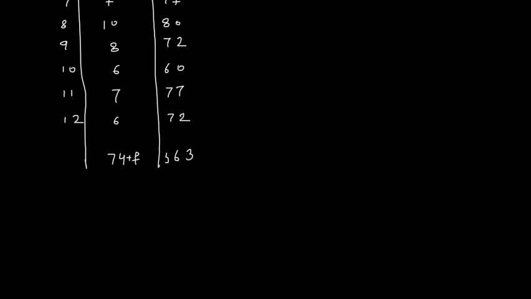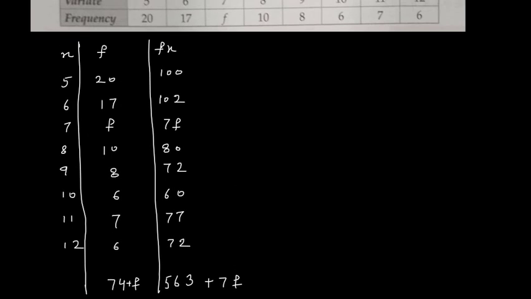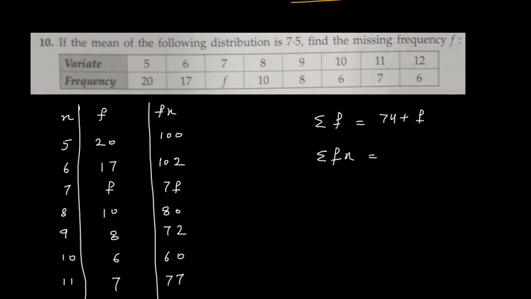So this is 563, and plus here we have 7f. Okay, so this is fx. Now we know here actually sum of f we get 74 plus f, and sum of f into x we got... In place of small f, as here also we are using f, so better we use capital F. So this is frequency, capital F into x.